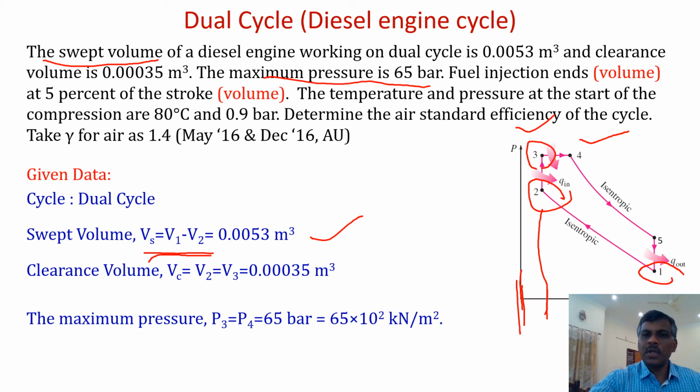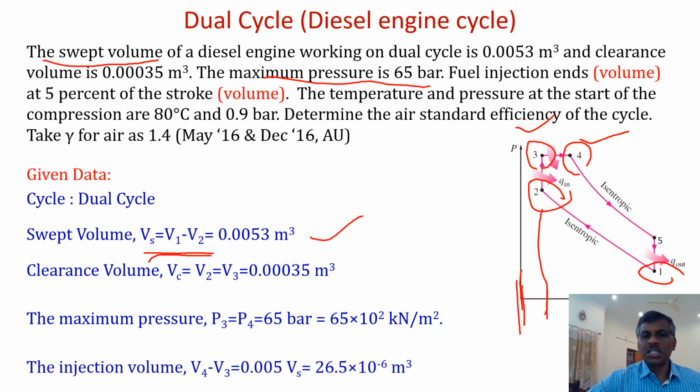And again, you can see the fuel injection ends at, again it is a volume of fuel injection. You have to be very careful with this data. Fuel injection starts and ends, so the injection volume is V4 minus V3, which is given as 5% of stroke.